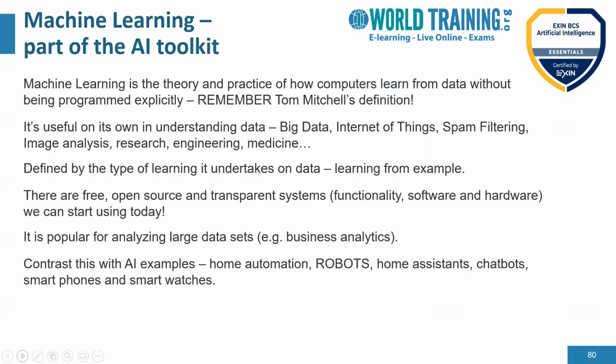The overall learning happens, so there is no external programming being done to make machine learning algorithms learn. The most important thing is how computers learn from the data without being programmed explicitly.